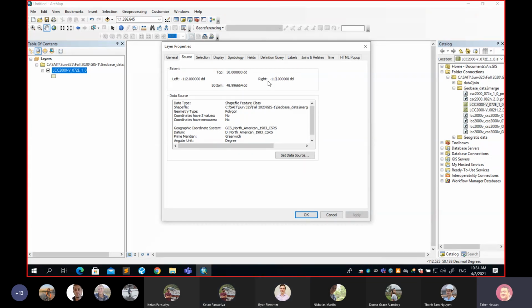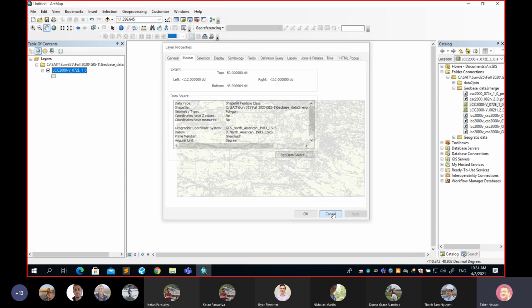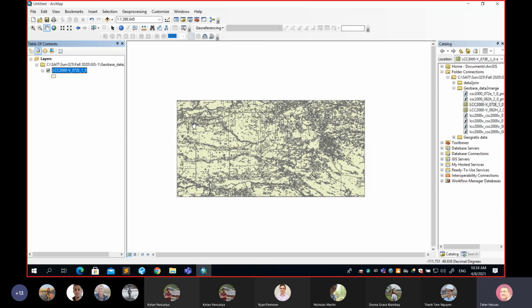This means my area here is about 222 kilometers. In the north there is probably about 1 degree, so this is like 111. So if I cancel this, this area is 222 kilometers this way and 111 kilometers this way. Go back one more time to the properties.